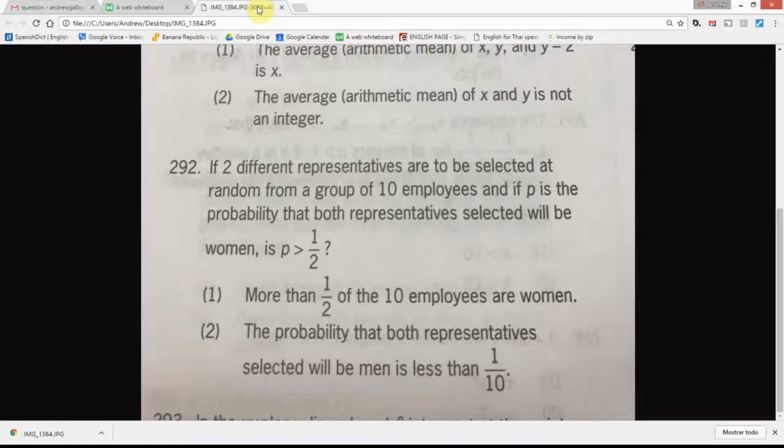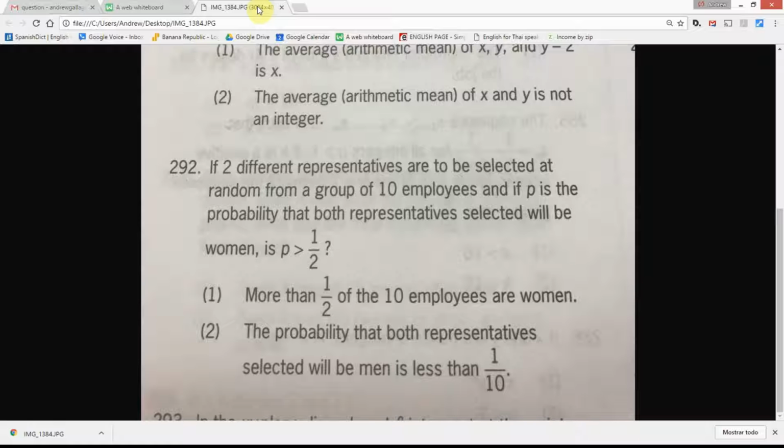Now, since statement 1 mentions 6 out of 10, more than 1/2 of 10 is 6 out of 10. Let's start with 6. Now notice in the question stem that it doesn't even specify that there are any women or that there are any men.